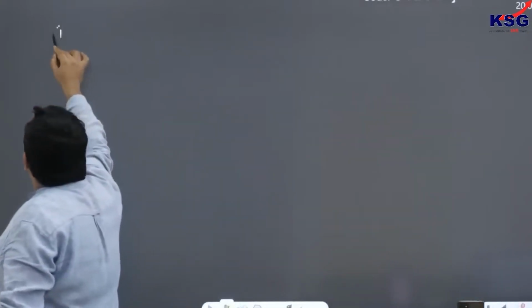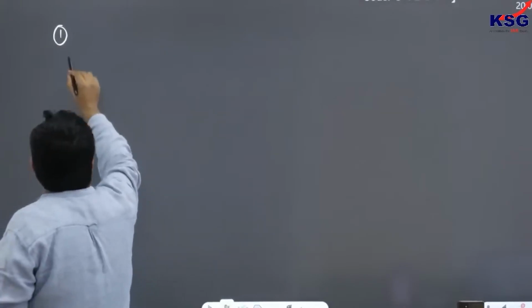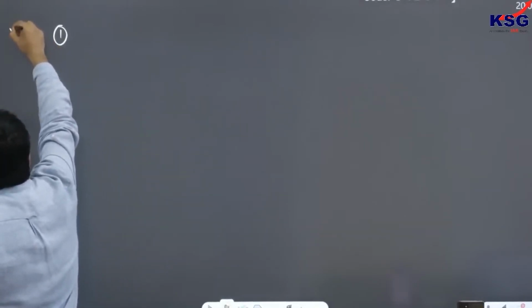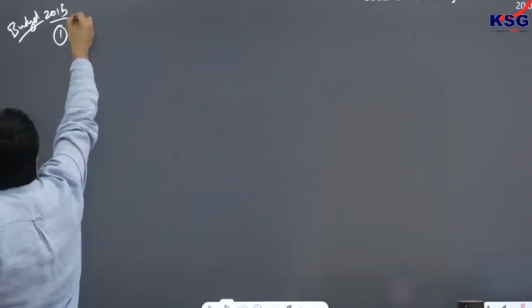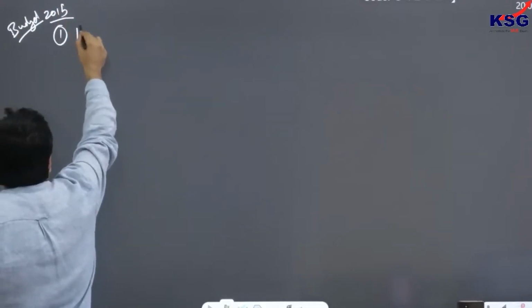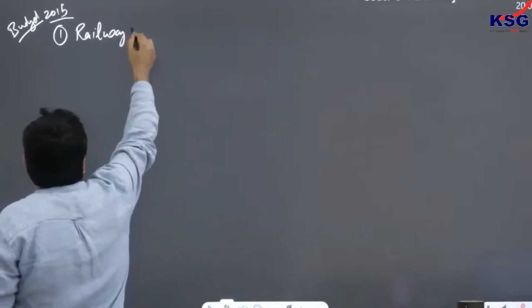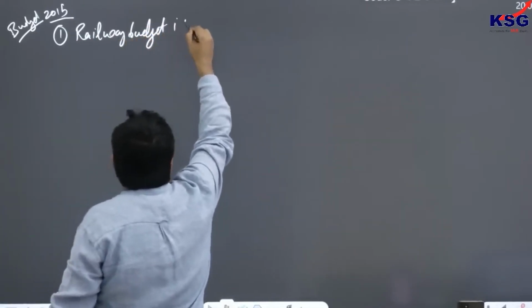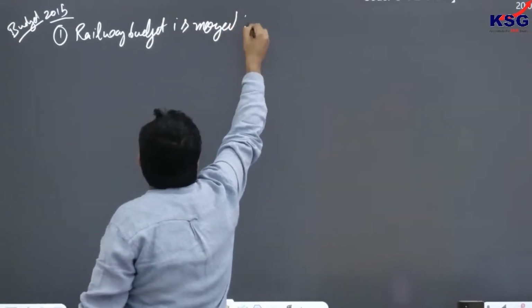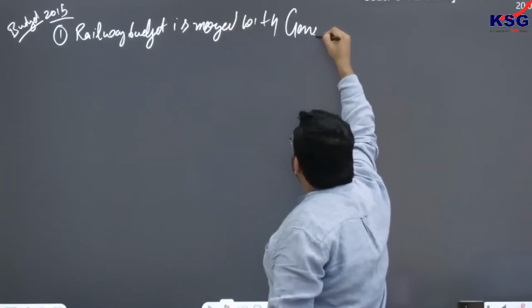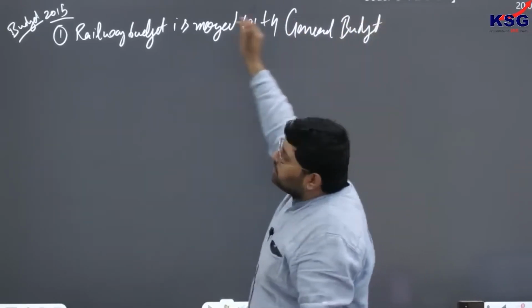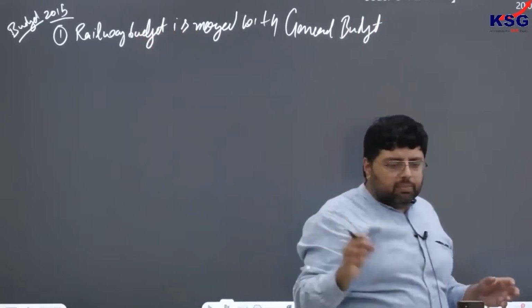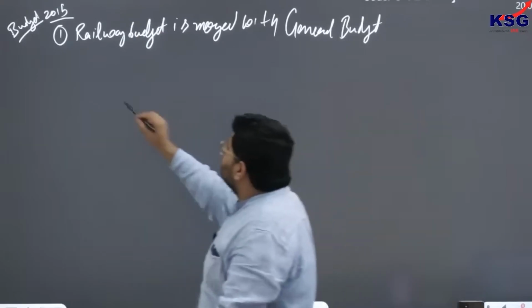This is monetary policy. Now when I talk about the budget, after 2015 there were so many changes made in the budget. सबसे पहले, what we have done, the railway budget is merged with the general budget. Earlier, before 2015-16, there were two separate budgets, the railway budget and the general budget, but now there is only one single budget.